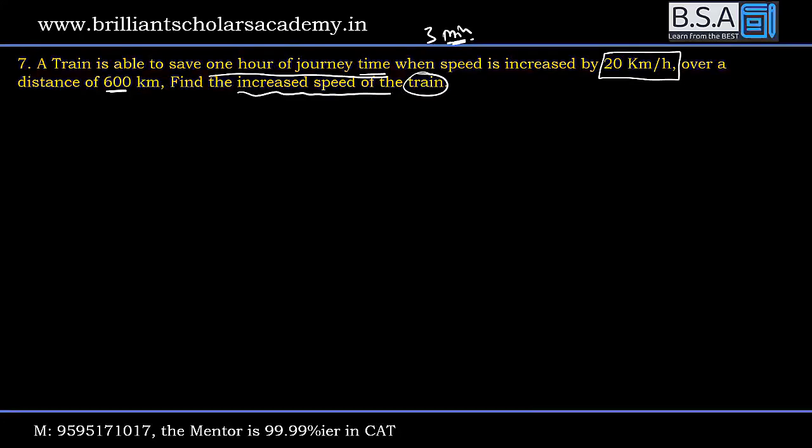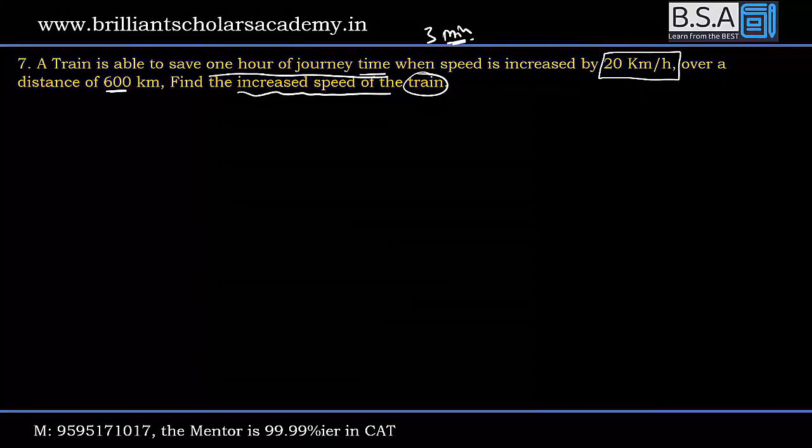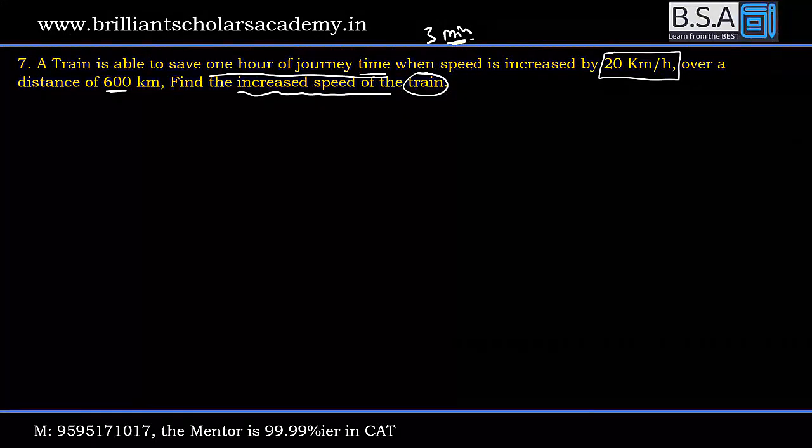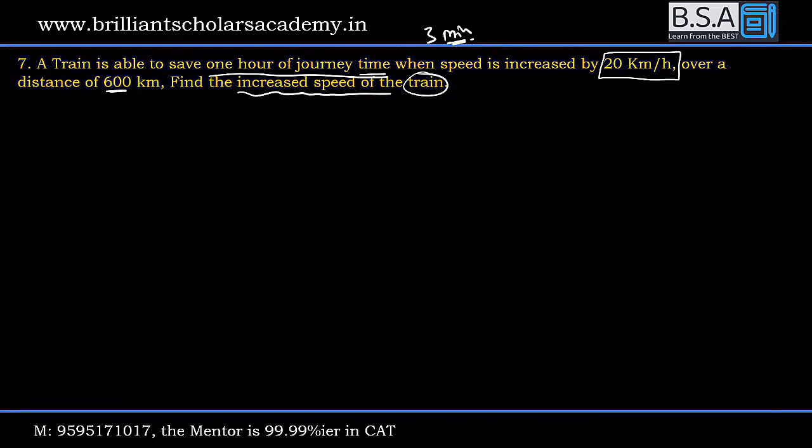A train was able to save 1 hour of journey time when the speed was increased by 20 kmph. This will take you time, you will need time for this.